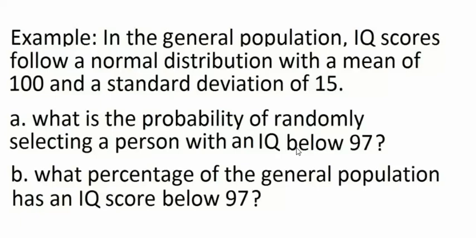Well, 0.46 times 100 is 46%, so the answer to part B would be 46%. Or let's imagine that the answer to part A comes out to 0.39. Well, then the answer to part B would be 39%. Because like I said, we're just going to multiply by 100 to go from part A to part B. These two answers go hand in hand.